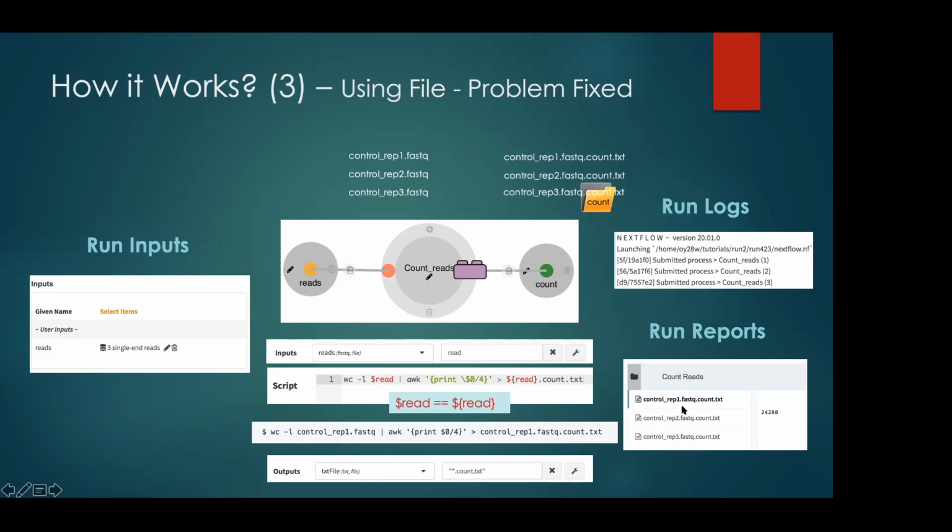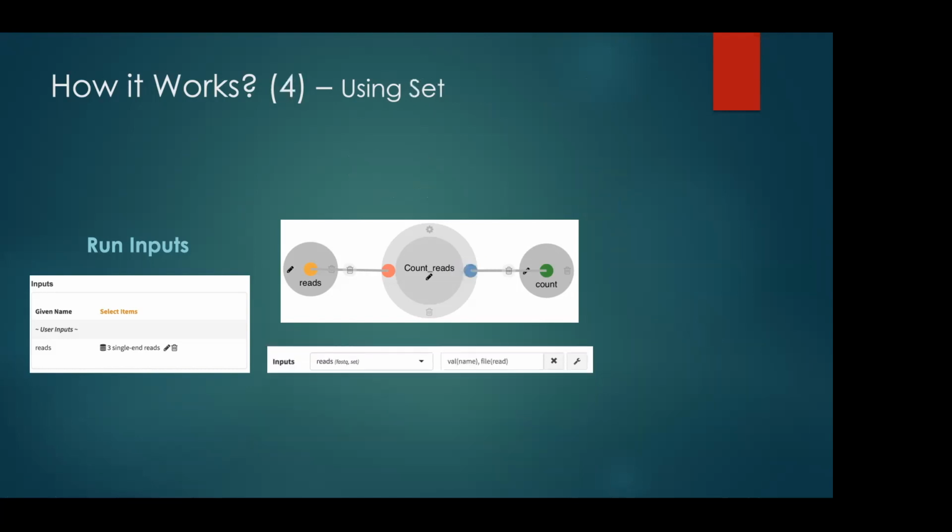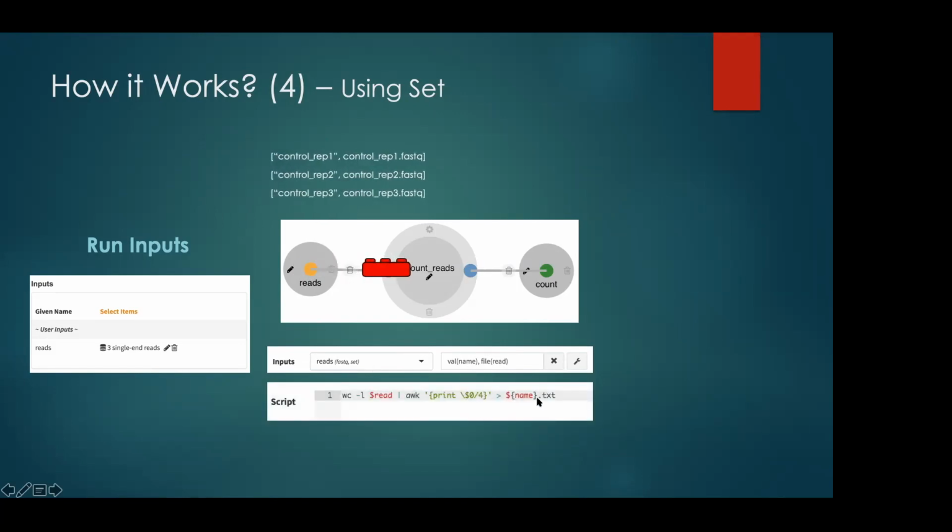So we can come up with a much cleaner solution if we use the set block. When we use the set block, Nextflow actually separates the file name for us and the file itself like this. And we can use this file name and file read as a pattern to catch the name of the file. So it's going to be much simpler.